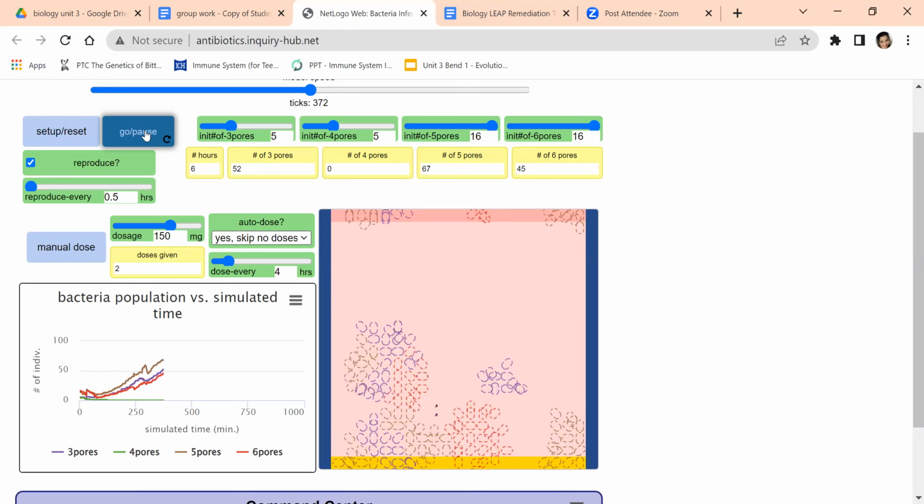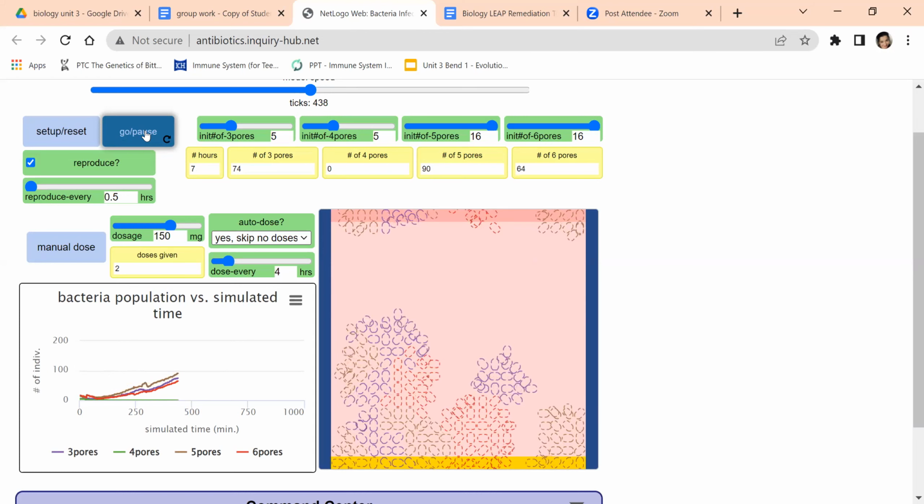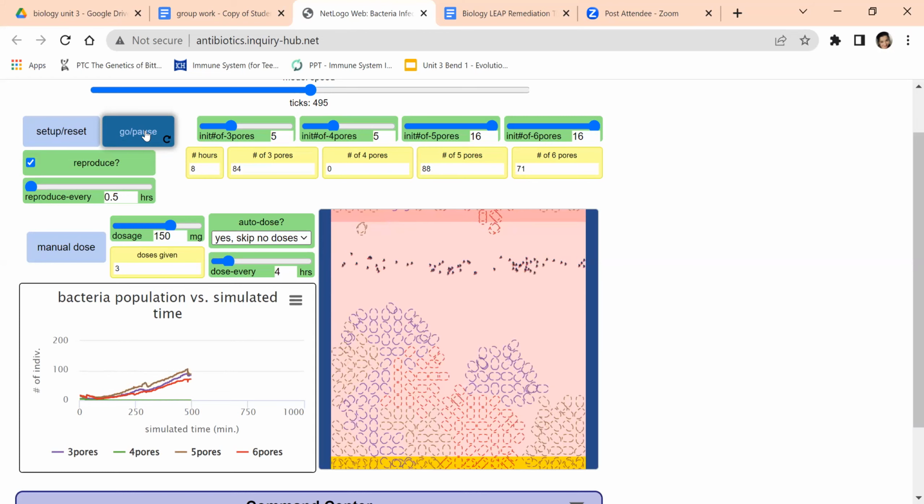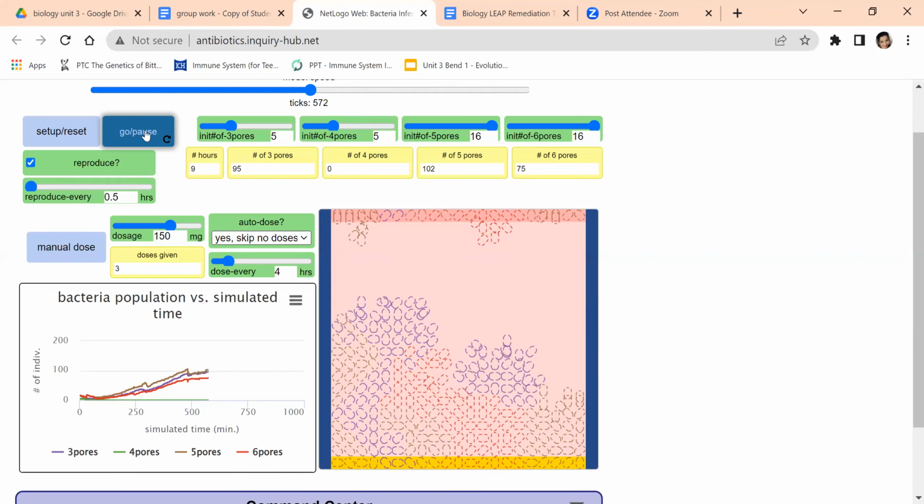And you can see we're having a little more trouble getting rid of the 5 pore and the 6 pore, but look at what's happening to those purple ones. We've already eliminated the 4 pore. We're up to 3 doses.